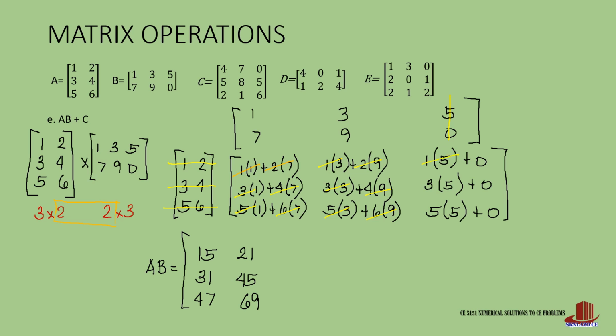Then that's going to be 5, 15, and 25. This would be our resulting matrix for A times B.